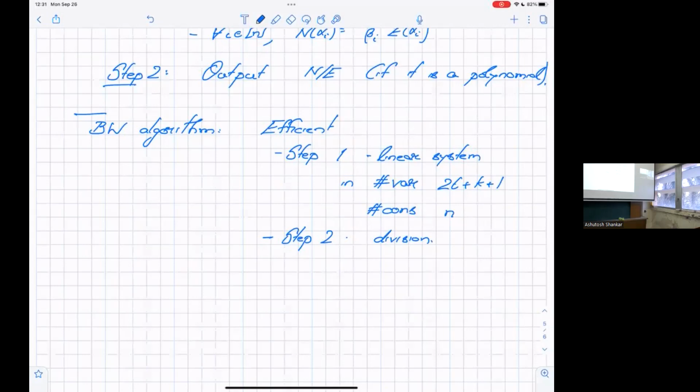You give me two polynomials, N and E, and you can write N equals E q plus r. You do the division in polynomials, and if r is non-zero, then output fail; otherwise output q. N need not be a multiple of E, in which case the quotient is not a polynomial, so that step will halt.